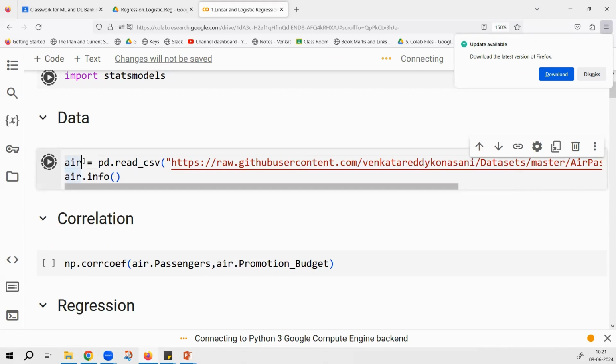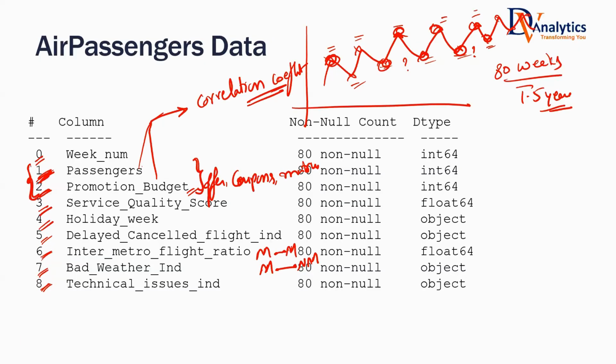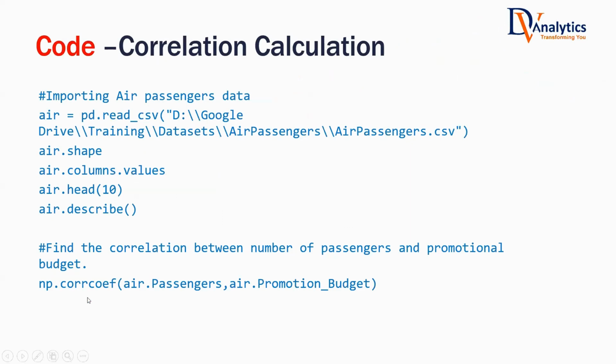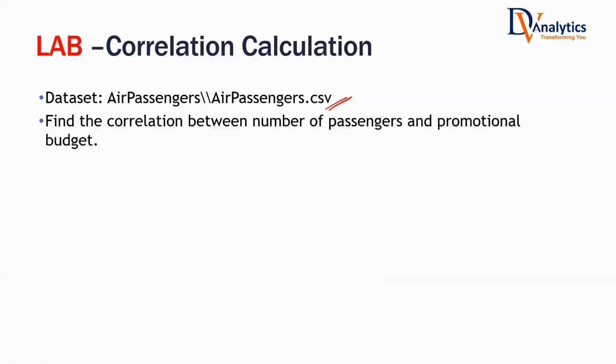The data set is air passengers data. To find the correlation coefficient, the code that we have to write is np.corrcoef, mention variable 1, variable 2, and you will be able to find the correlation value. Once you have the output of this, give me a confirmation. I'll explain how to read the output of that correlation coefficient code.